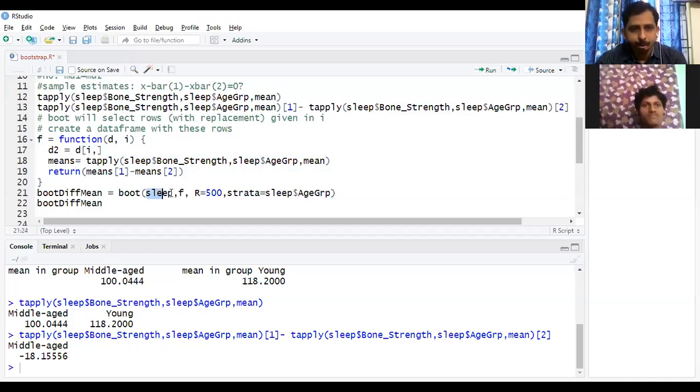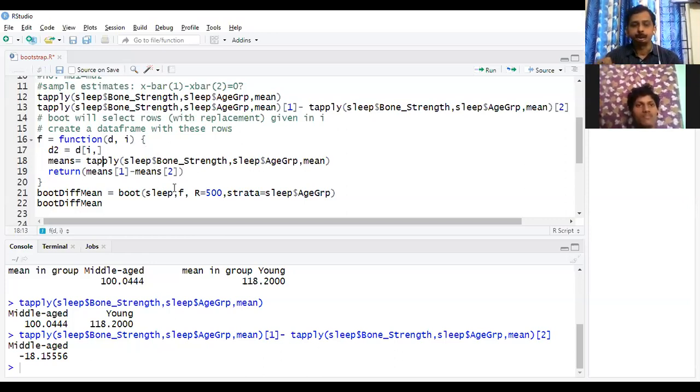Now, once this is executed, we use the function called boot, which is available in library boot, where we have to give the original data and we have to call f. f contains all the necessary computations with respect to the difference of means. Now, r is nothing but resample 500 times. I am instructing the R environment to draw from the sleep data and repeat 500 times.